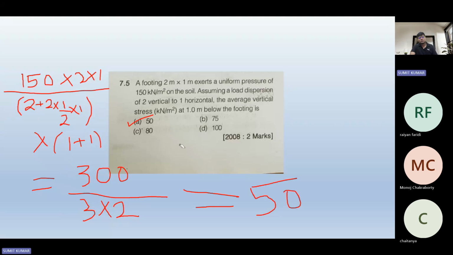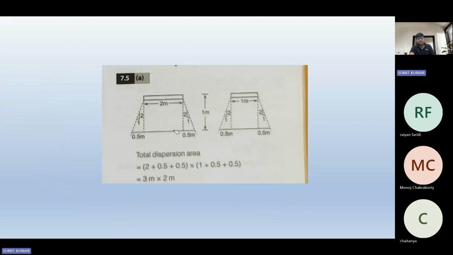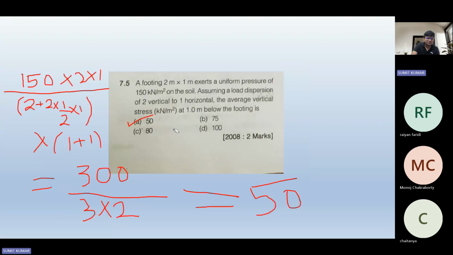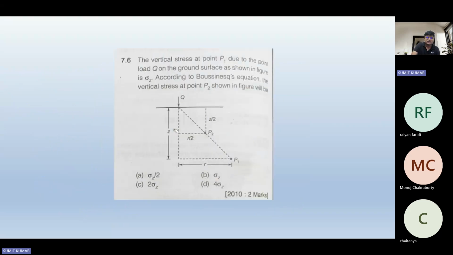Okay. So with this problem and understanding developed, the solution is not there, but I have made it by hand. No problem. The next problem says that the vertical stress at point P1 due to point load Q on the ground surface shown in the figure is sigma z.